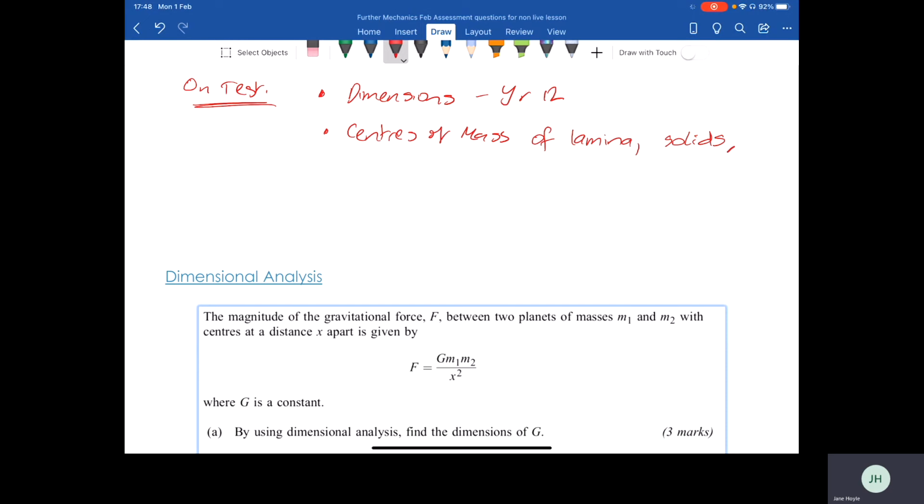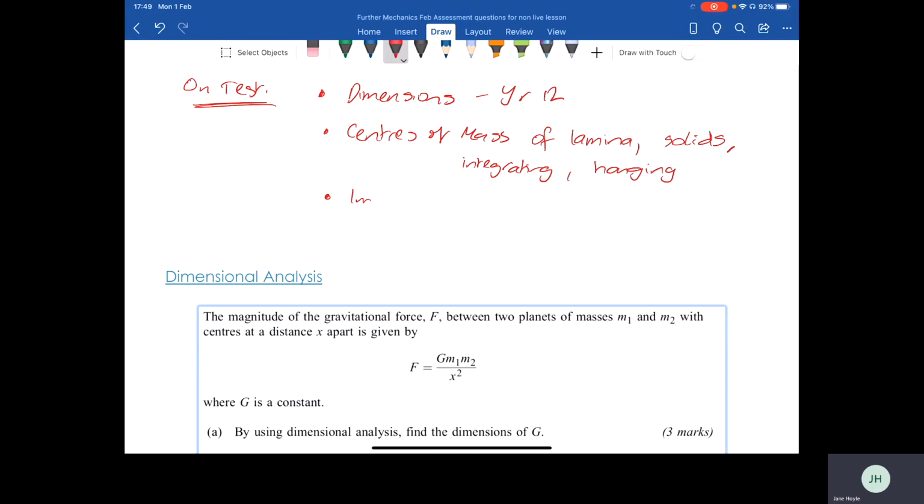But then we looked at non-uniform flat shapes. So we looked at integrating, and then we were also hanging them from points and finding the angle at which they were hanging. So that's centre of mass.